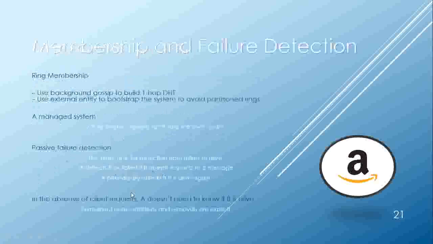Moving on, these are the membership and failure detections. As discussed, it is a ring membership which uses background gossip to build a one-hop distributed hash table.